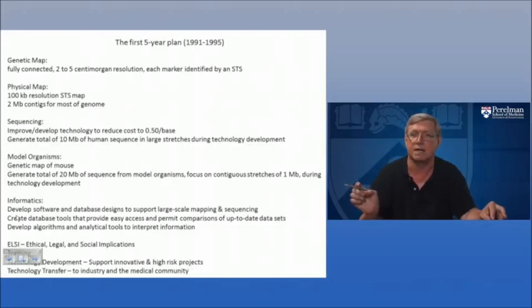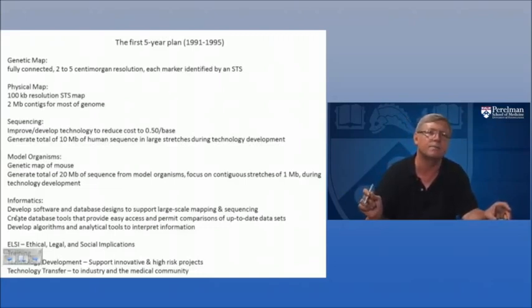Sequencing technology, it was recognized, had to be improved, so the goal was to drive down the cost, increase the efficiency of DNA sequencing, and to sequence model stretches of human chromosomes to get a sense of what the DNA sequence organization actually looked like, to help guide future sequencing efforts.